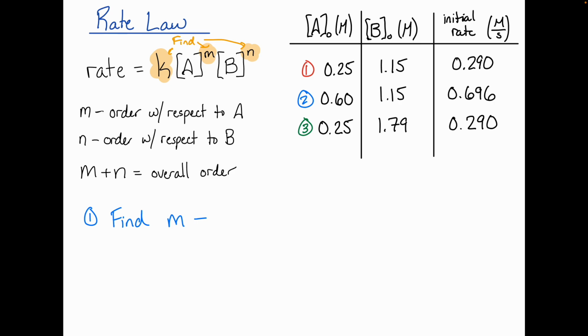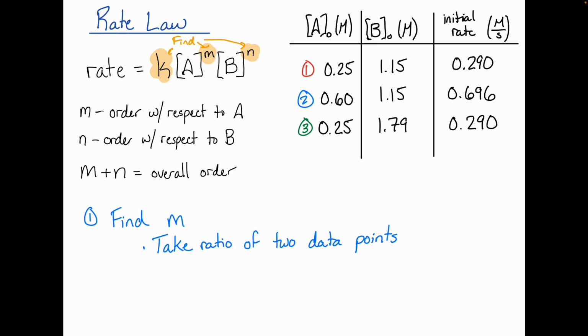So we're going to take the ratio of two data points, just exactly like we did before. Here's the trick though. Before, we could have picked any data points we wanted and it wouldn't have mattered. Now we have to be strategic about which two data points we pick.